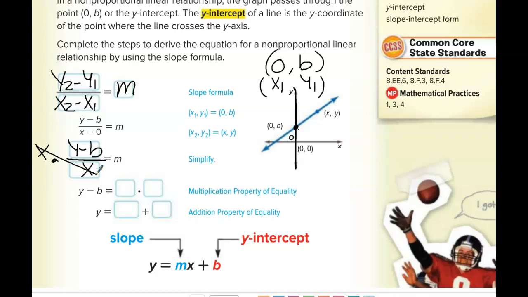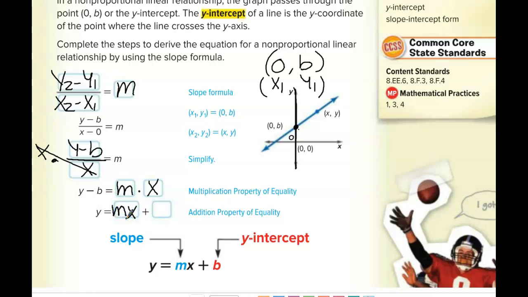So over here, I have y minus b, and then I still have this m times x. Correct? Because I'm multiplying by x on both sides. I could rewrite this m times x as just mx, correct? Yeah. Okay, because that's what it means to multiply when they're beside each other.